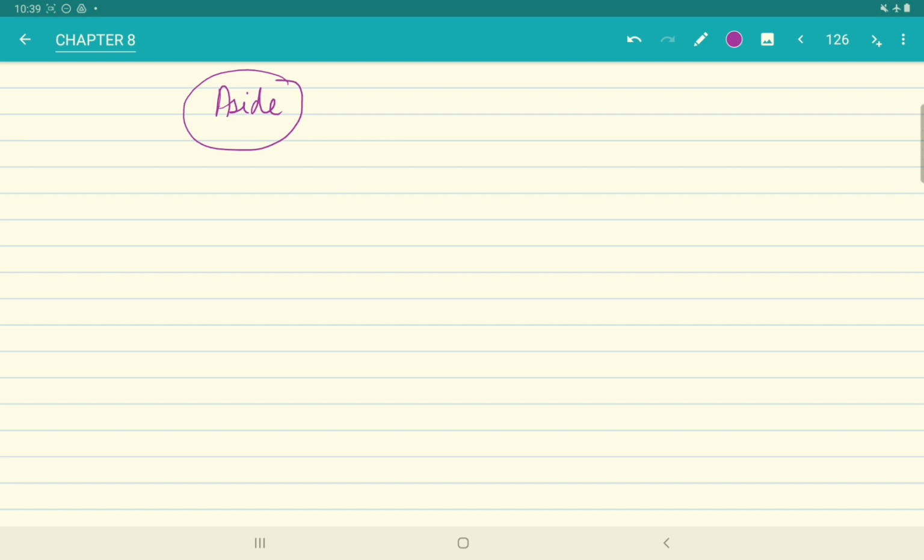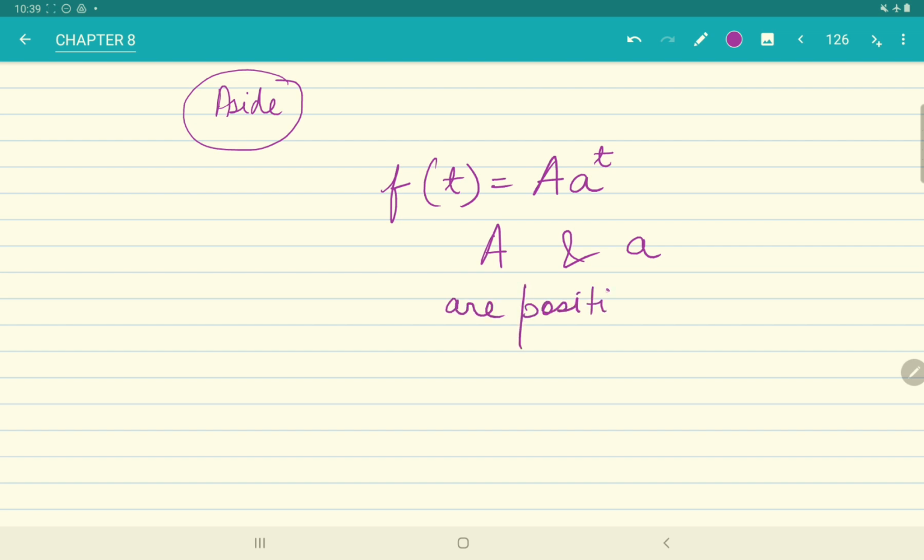So that fixed factor is little a. That means I'm concerned about the exponential function f, which I define by capital A multiplied by little a raised to the power t. Both capital A and little a are positive constants.